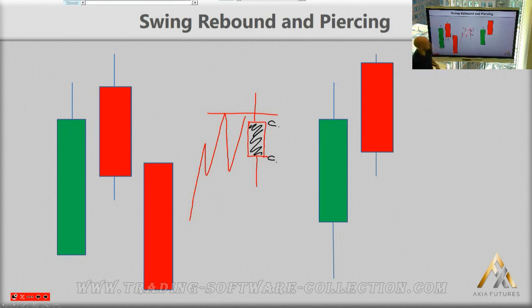And so it catches people long up here, turns them all over, and then that sets you up for a short. If we do get the close up here, it offers you a reasonably nice stop in that it would just be above here.